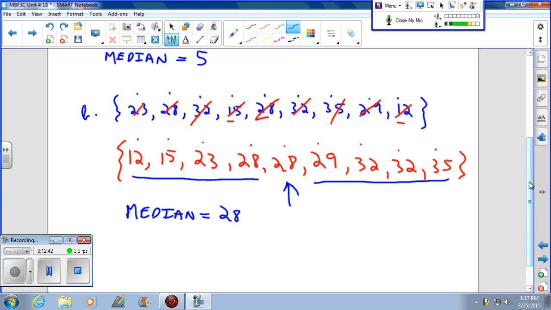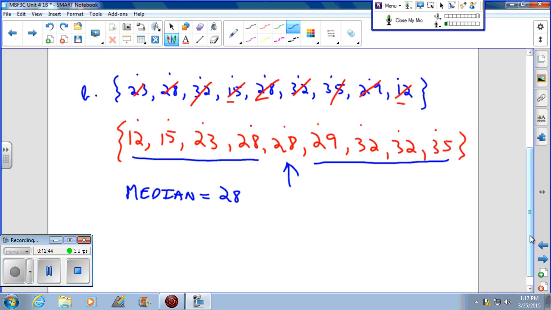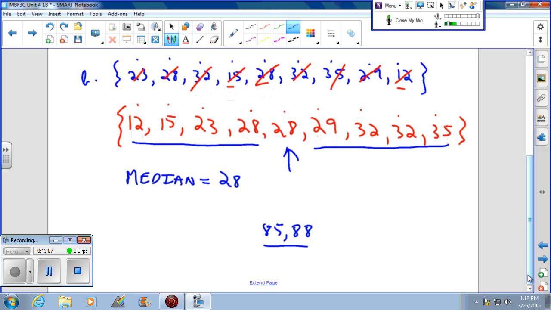If there's an even number of elements, then you would take the middle two. Let's say it turned out to be 84 and 88. I don't really know for sure, but if those were your middle two, then your median is just the average, really.